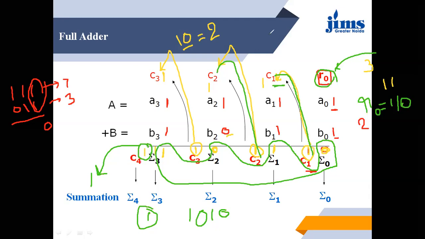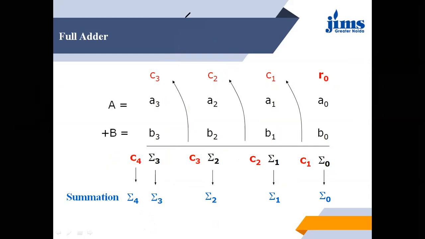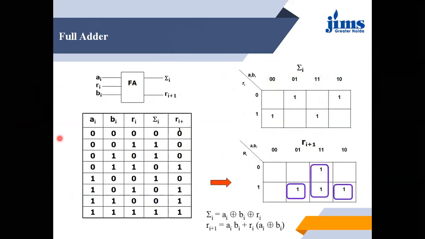Now I will try to find out the minimization of this equation. So first of all, before that, we should try to understand how the addition is going to be performed. So I have two numbers AI and BI, and this is the carry that I am getting.